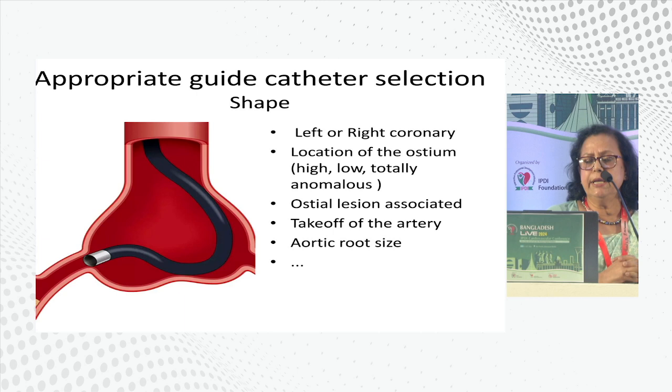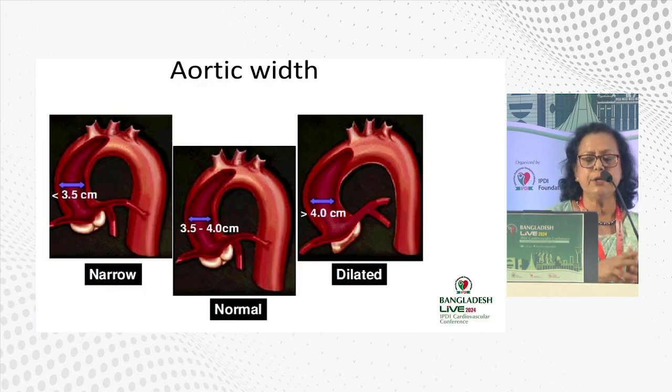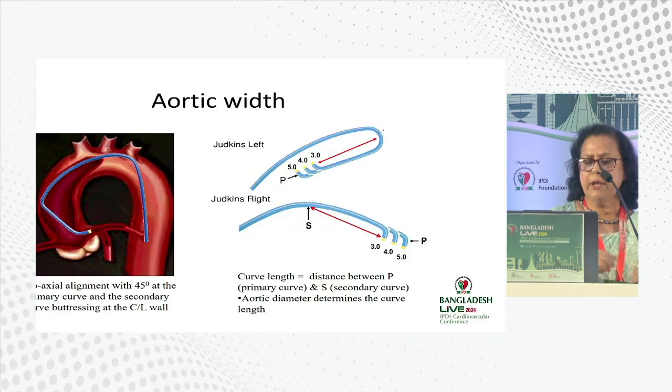This is showing, when we select the guide catheter, we should consider these points: whether it is right or left, location of the ostium, high, low, or totally anomalous, associated ostial lesion, and the aortic root size. And this is the aortic root width. And this shows the length of the curve, which is the distance between the primary curve and the secondary curve.